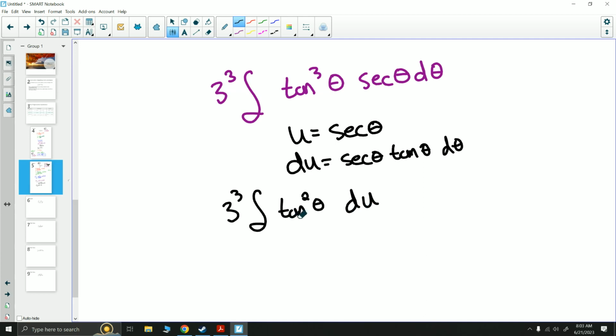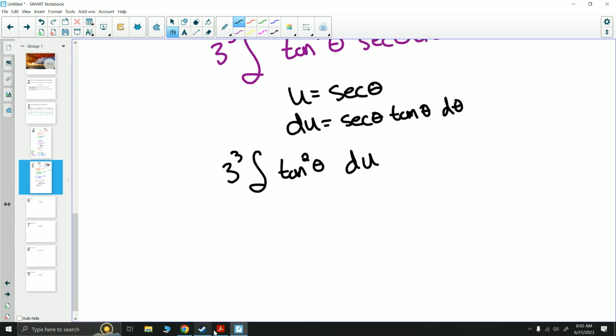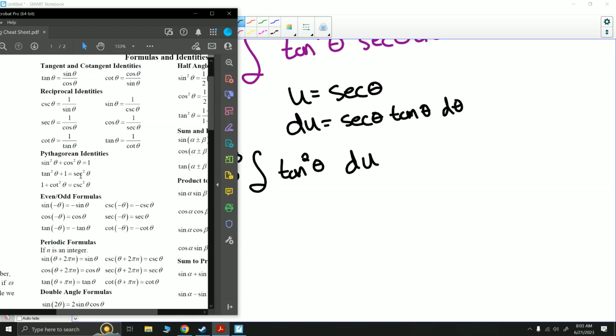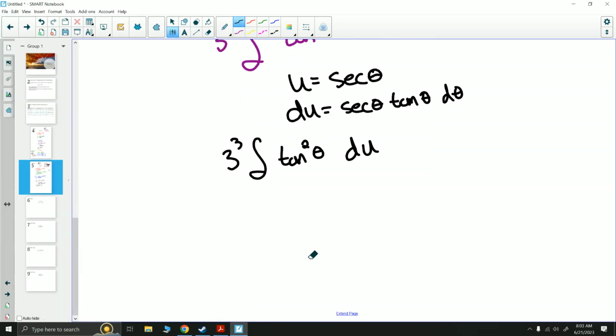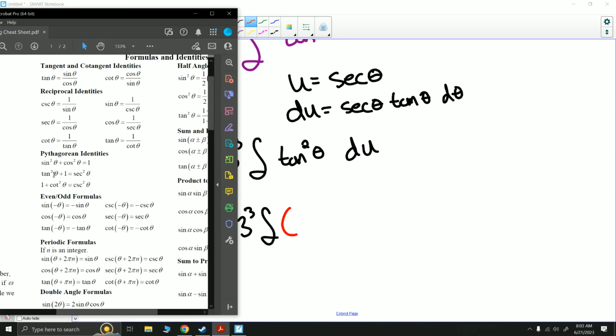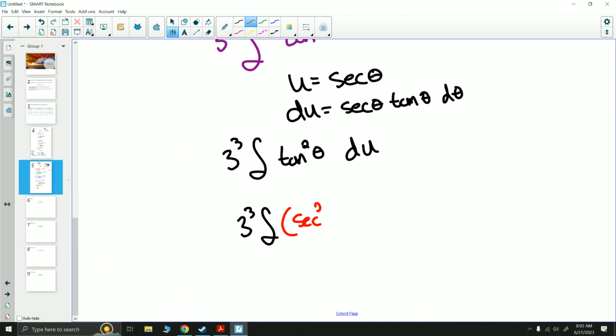Now we want to replace this tangent squared. As a reminder, tangent squared is secant squared minus 1. So 3 cubed integral, secant squared theta minus 1, du.